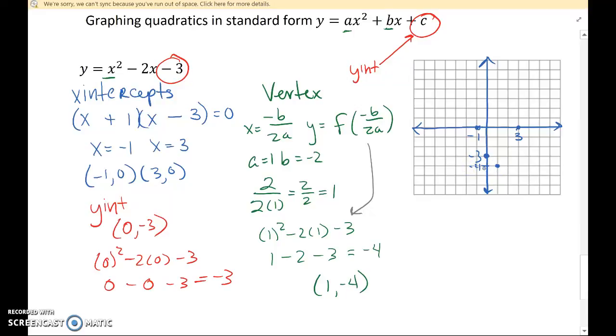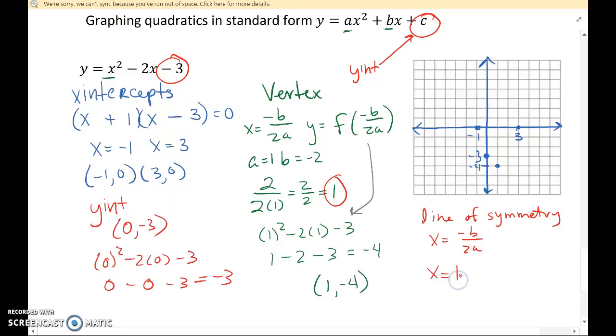Another important thing here for us, and it's going to help us get our 5th point, because we want a graph with 5 points typically, is going to be our line of symmetry. And the line of symmetry is the equation x equals negative b over 2a. So if you've already found your vertex, you already know what the negative b over 2a is, and we found that earlier, and we got 1.